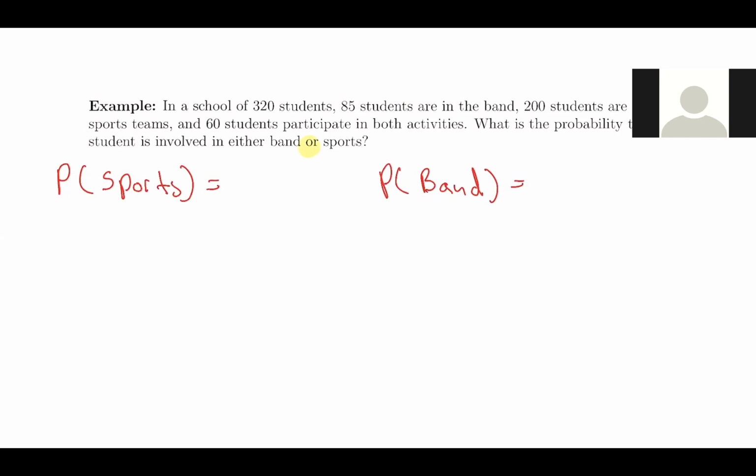And you may notice this would not be a disjoint event. The reason is you could be on a sports team and in band. They're not mutually exclusive. So how many students do I have that participate in a sports team?